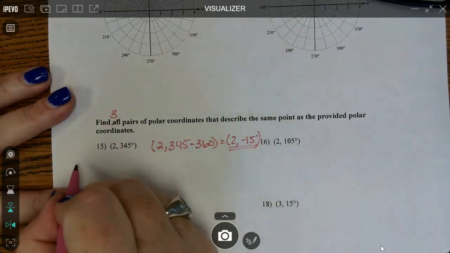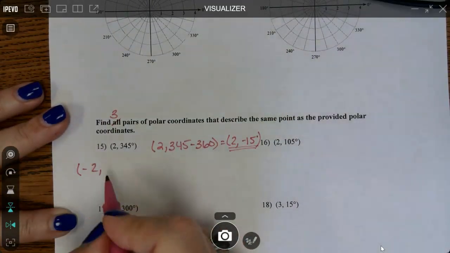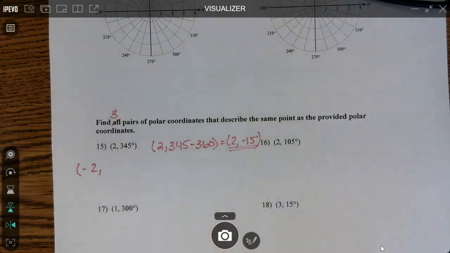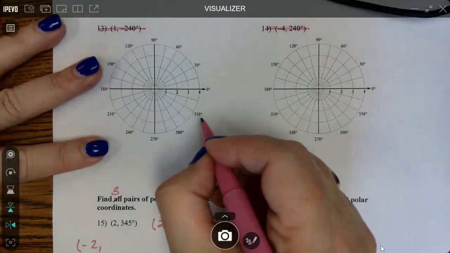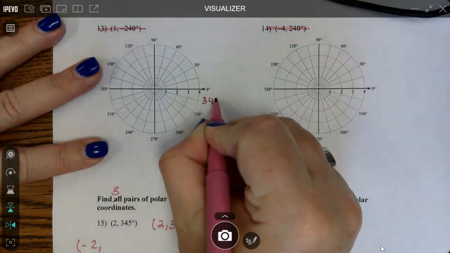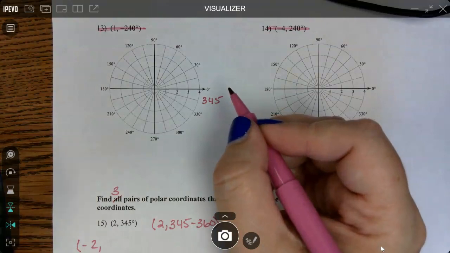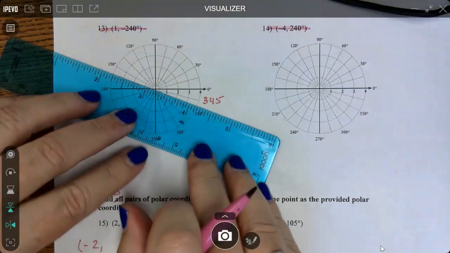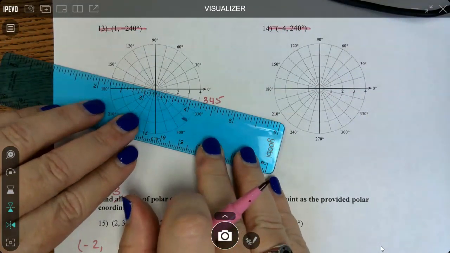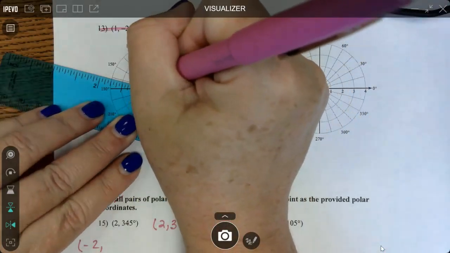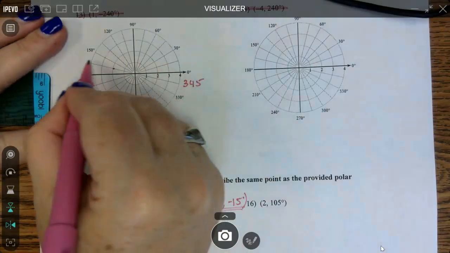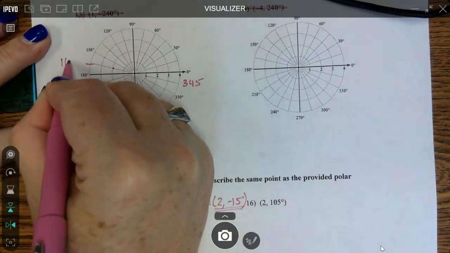Now, I want to go backwards. Negative 2, but I need to know what's behind or opposite from 345. So there's 330, so this is 345. So we're going to line this up, and what's opposite of this? This angle right here, and that's 165.